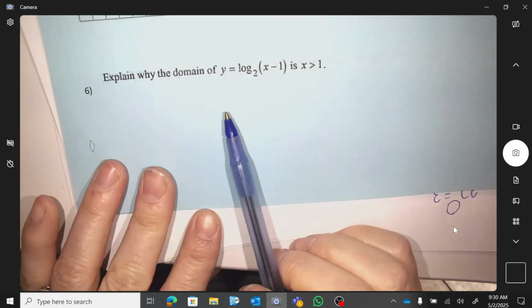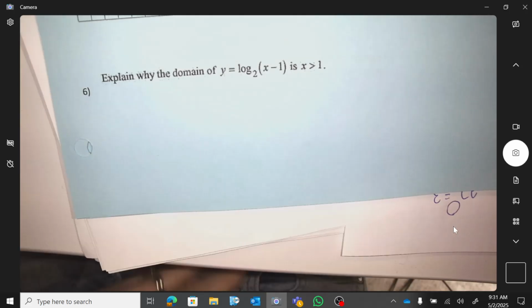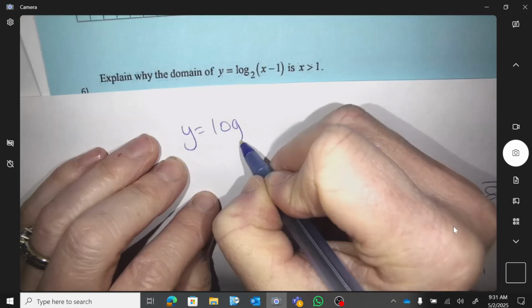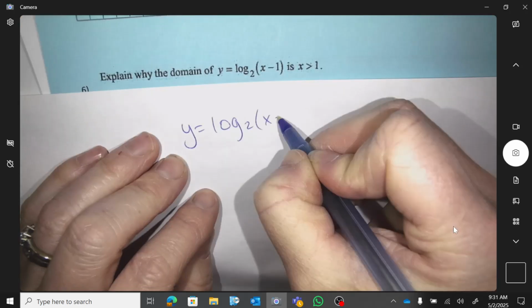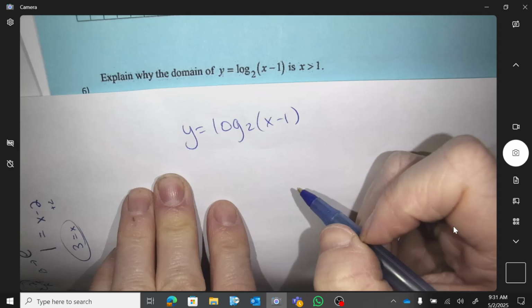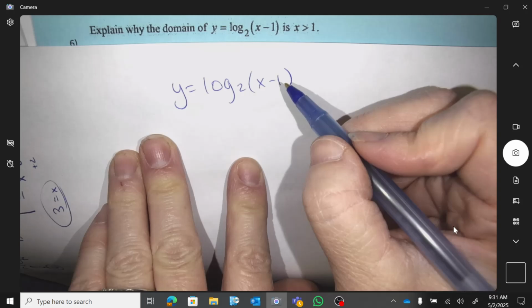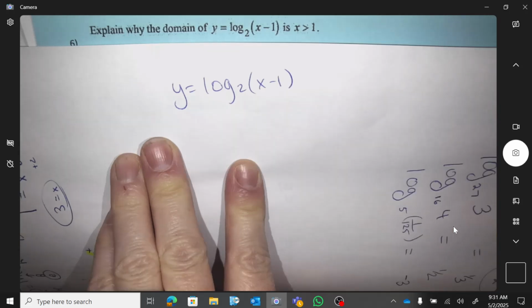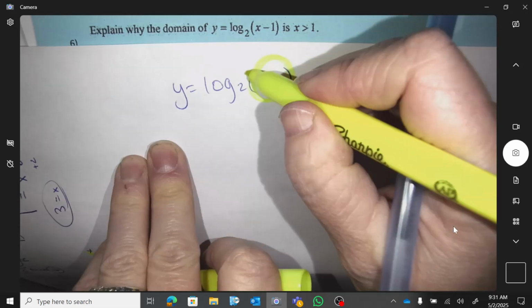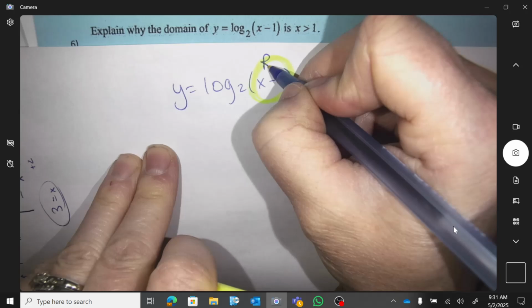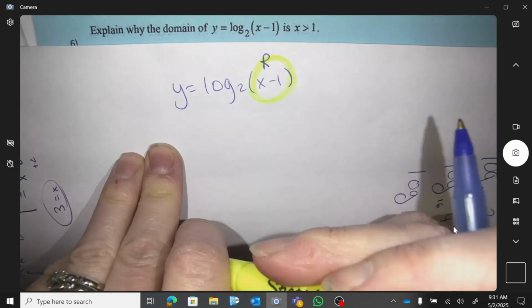Okay, and this is my last question I'm going to help you with. Explain, words, we got to do words, why the domain of this is x is greater than 1. Okay, who remembers what I told you 2 days ago about a log with the base, exponent, result? I said there's something that always has to hold true in a log. Do you remember what it was? It was something about the result of a log. What did it always have to be?